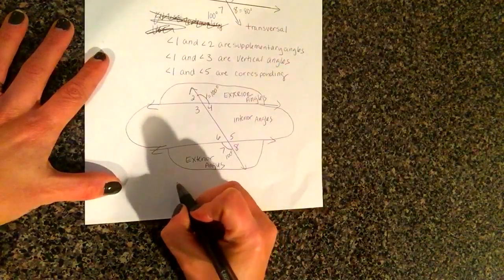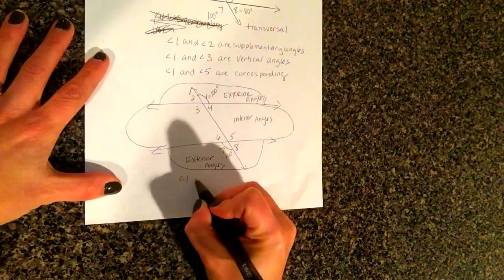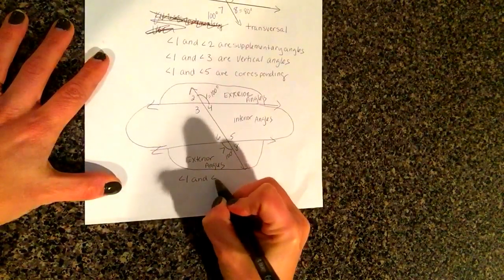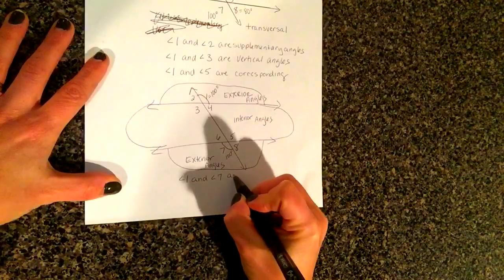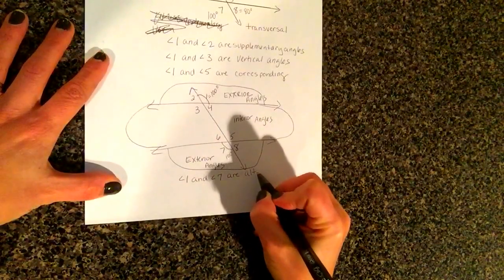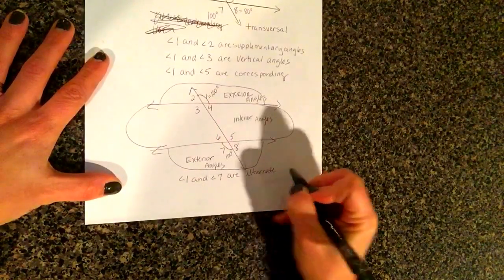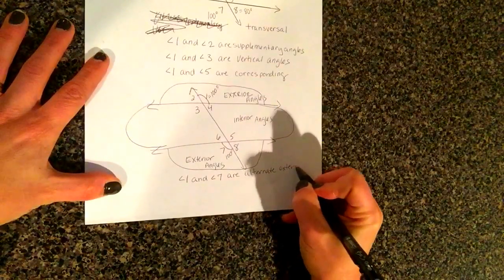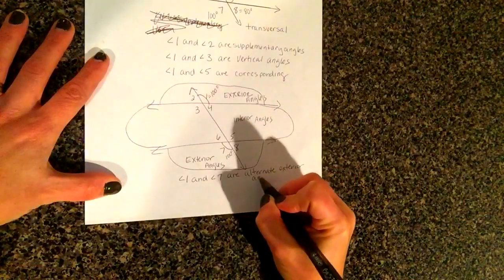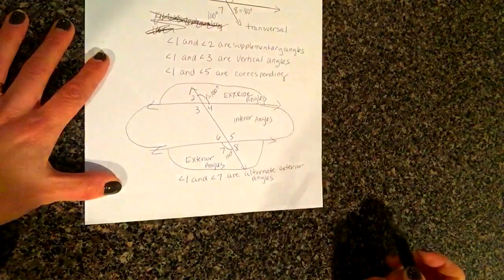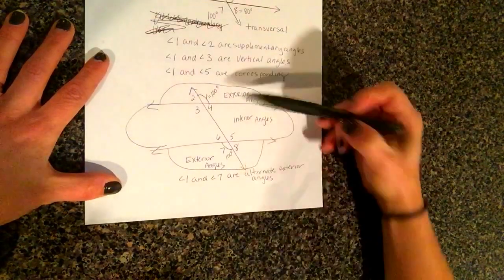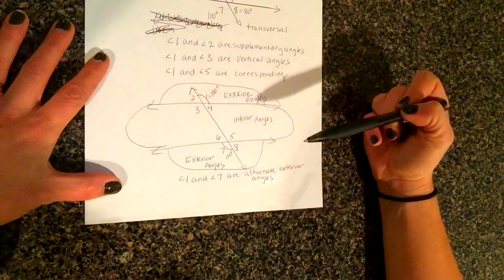So we can say that angle 1 and angle 7 are alternate exterior angles, and therefore they're the same. So if I know angle 1, I know angle 7.